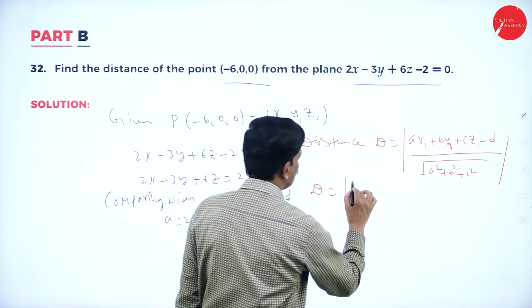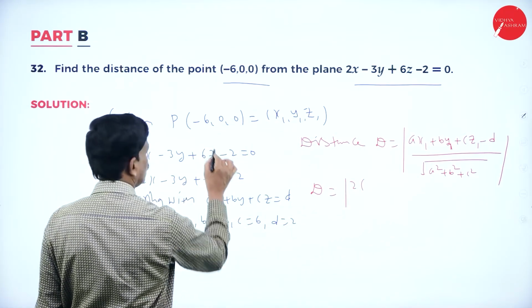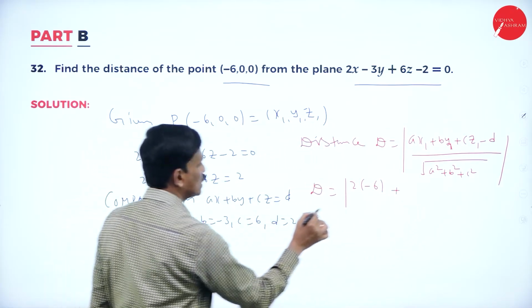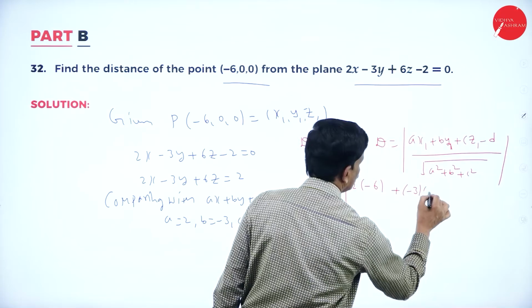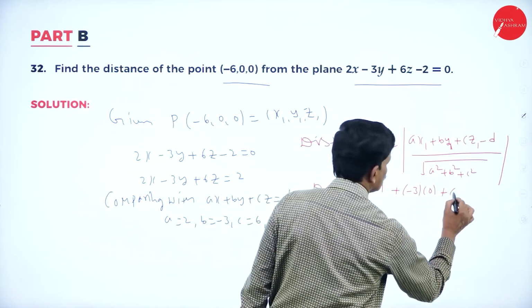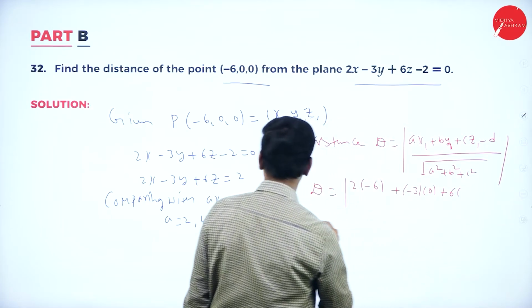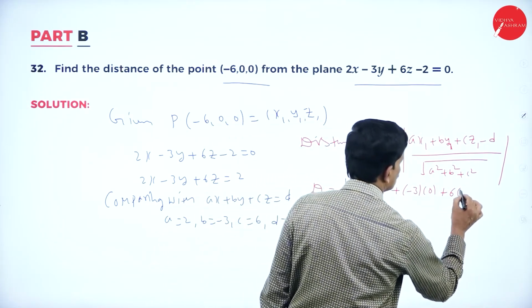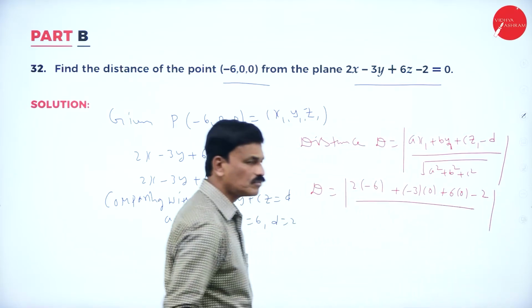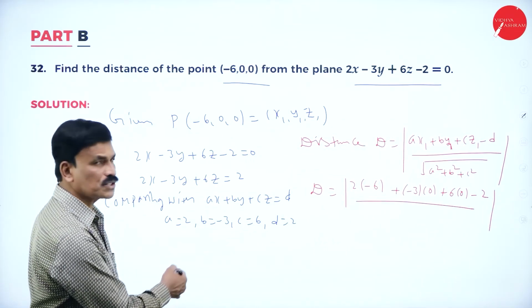A is 2 into x1 is minus 6, plus b is minus 3 into y1 is 0, plus c is 6 into z1 is 0, minus d is equal to 2, divided by root of a square plus b square plus c square.